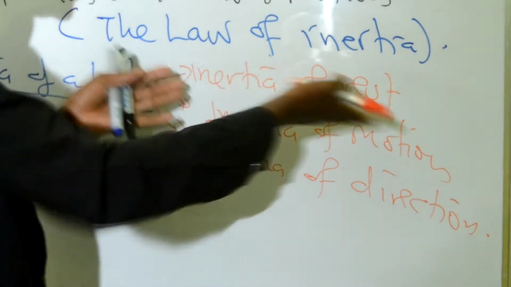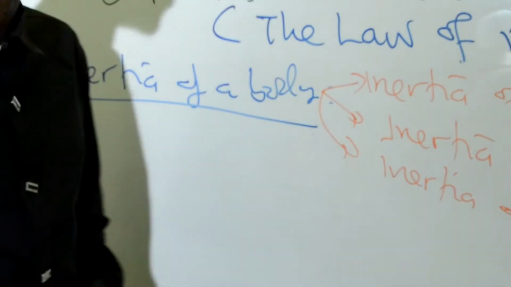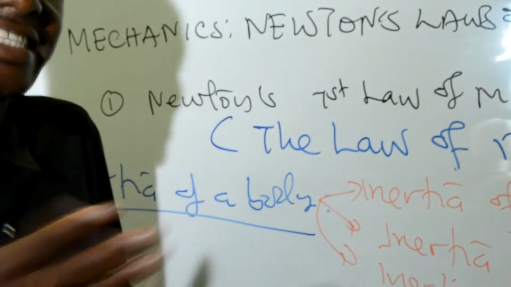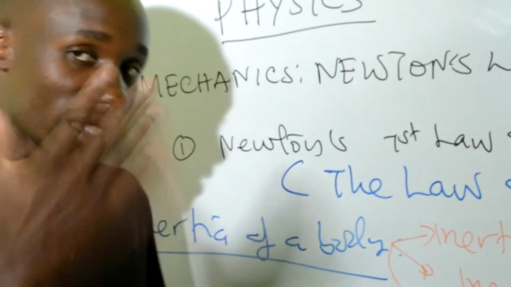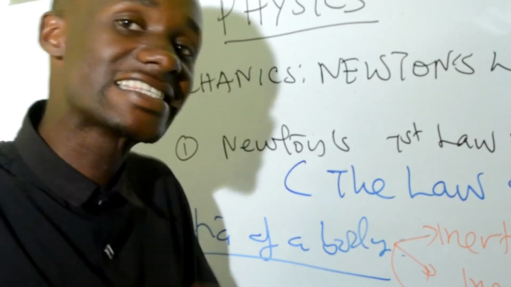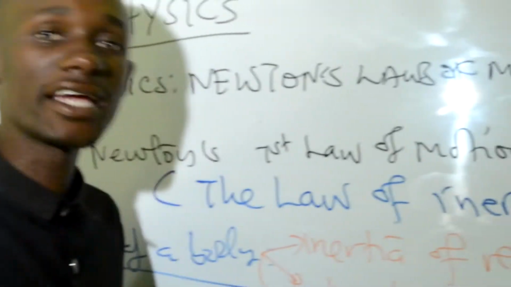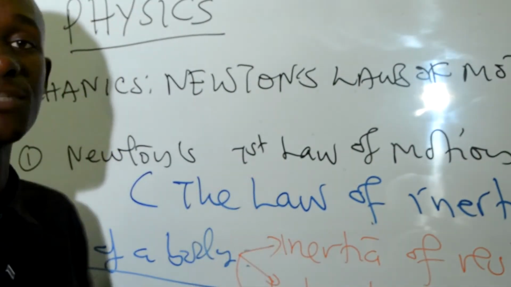Now, what is inertia of rest? Inertia of rest is the ability of the body to resist motion, or to continue to be at rest if there is no external force applied to change the state.